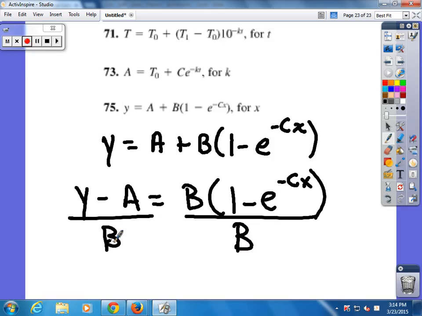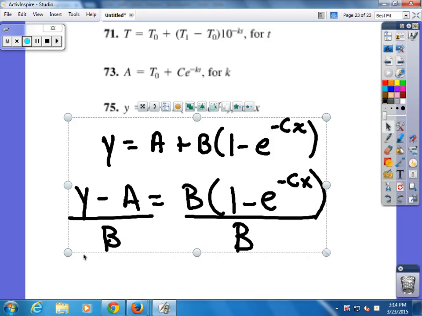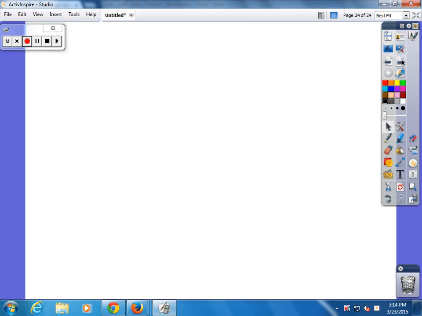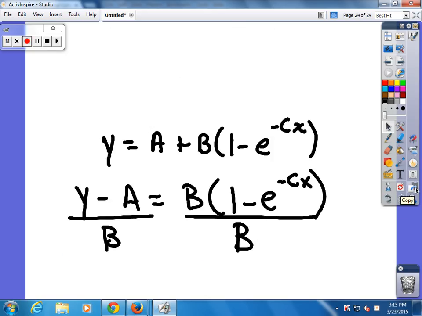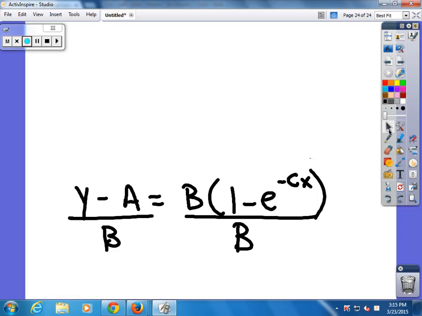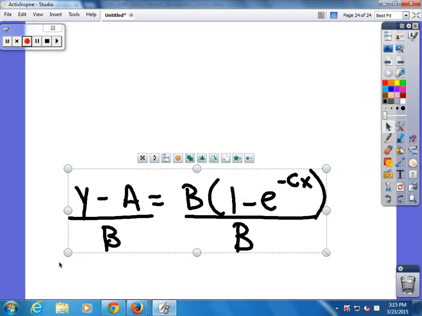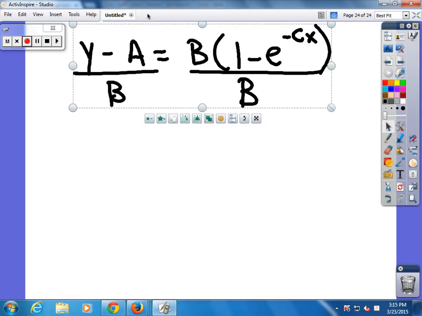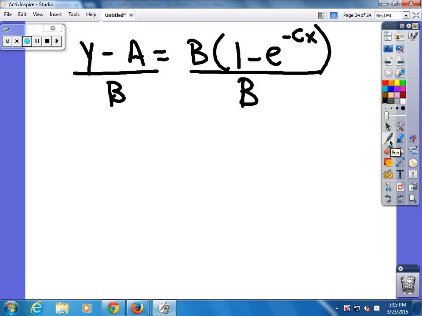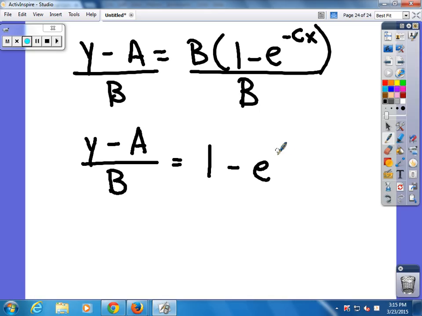That's going to give me y minus capital A over capital B is equal to 1 minus e to the negative c to the x power.